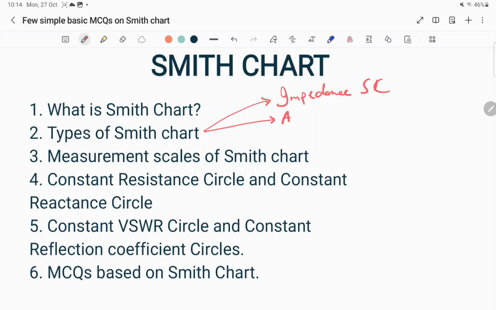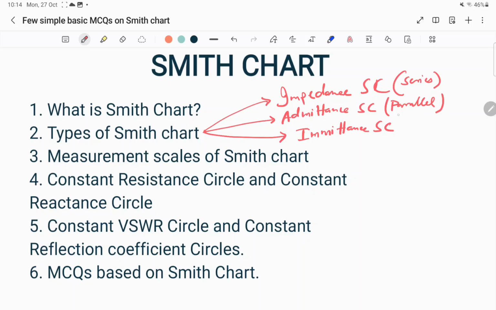Next is admittance Smith chart, and the third one is immittance Smith chart. The impedance Smith chart is used for series circuits. Admittance Smith chart is used for parallel circuits, and immittance Smith chart is actually a combination of both impedance and admittance Smith chart.